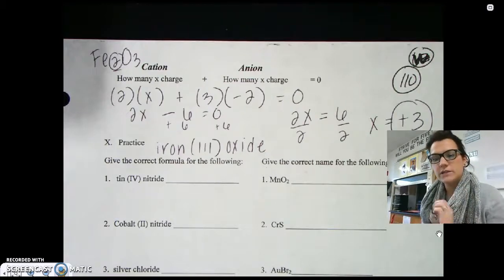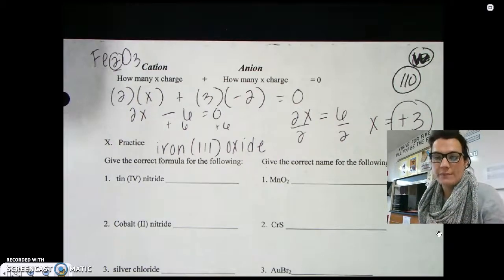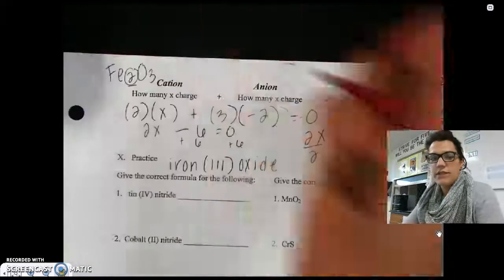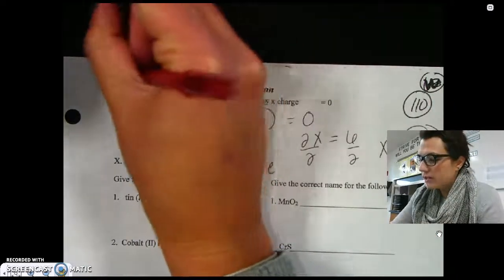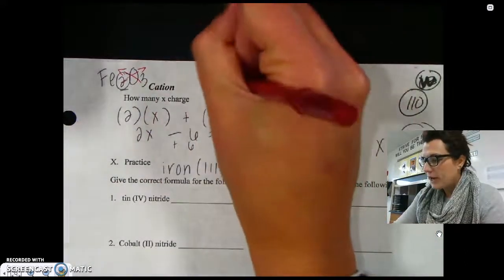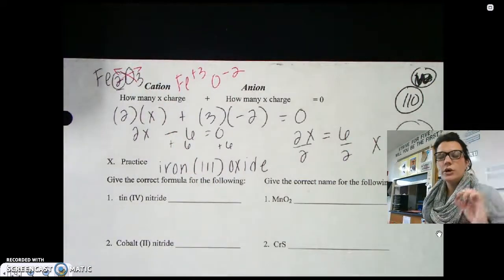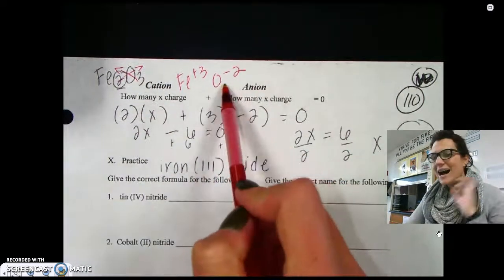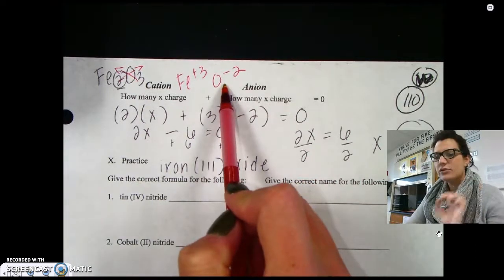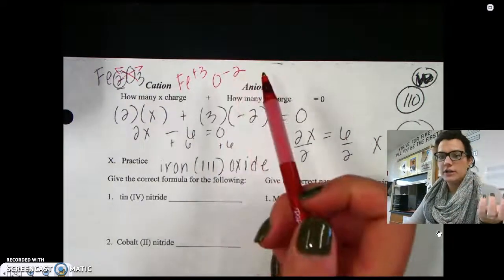But you always need to ask yourself, when I uncrisscross, is the ion's charge what it is supposed to be, okay? So for this iron 2 example, if I uncrisscross their subscripts, so oxygen will then have a -2, and iron has a plus 3. So I always need to ask myself, is oxygen's charge -2? The answer to that question is yes, therefore iron's charge is going to be plus 3.